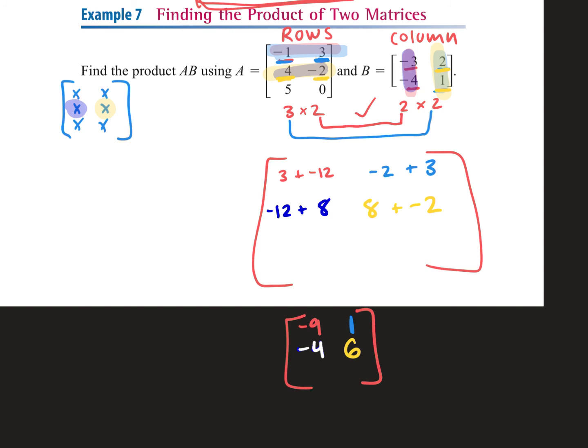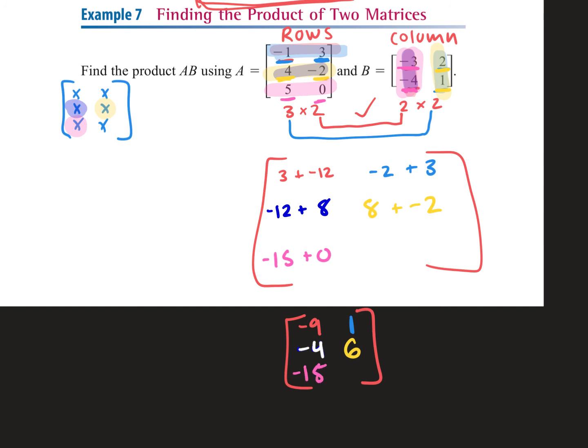All right, next, I have the third row, first column. So that goes in the third row, first column. So multiply the first number times the first number, -15. Second number times the second number, plus 0. So -15 plus 0 is -15.